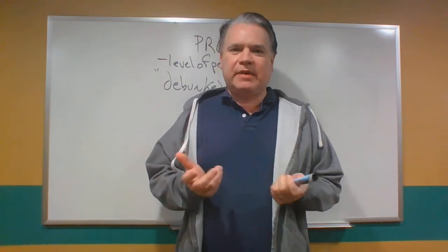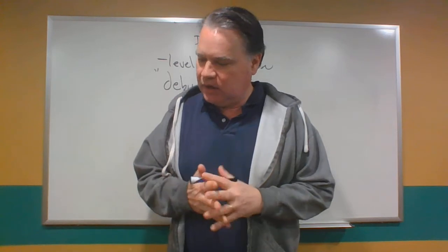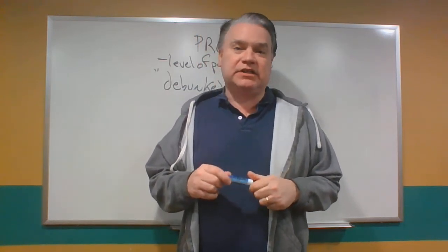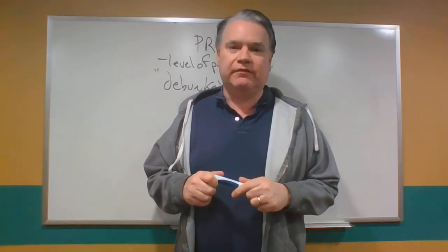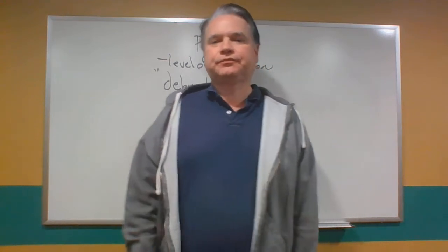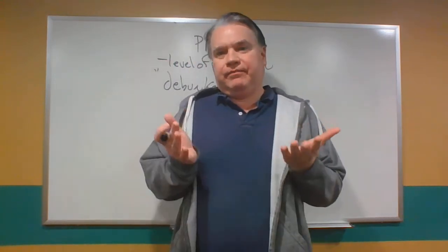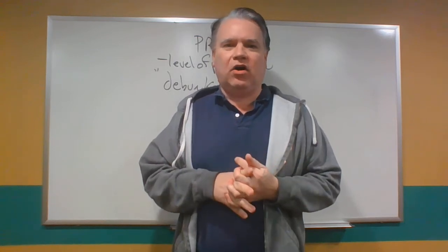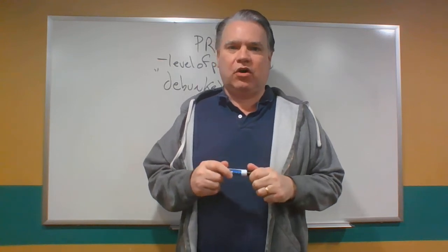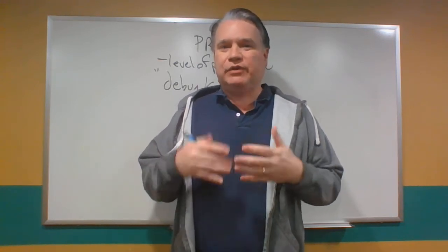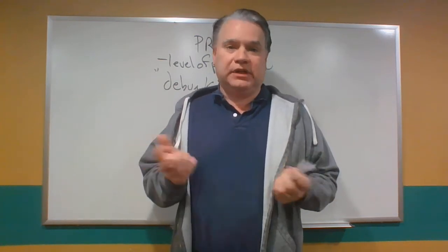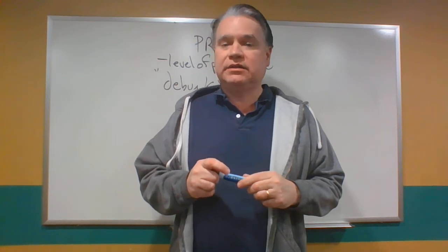So when you're talking about proof, you're really talking about the level of persuasion, and that involves the standard of proof or the level of certainty that something is true. So, for instance, in the law, there are certain standards of proof, which are really levels of certainty that are required in order to believe something is true or not.